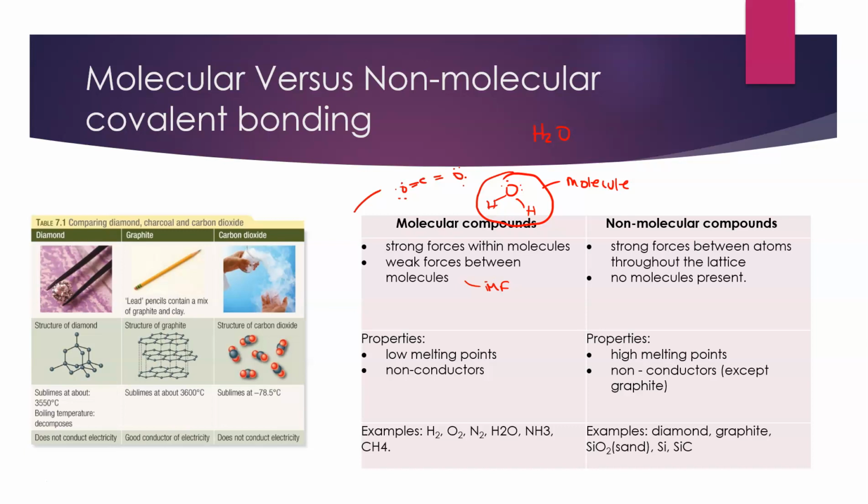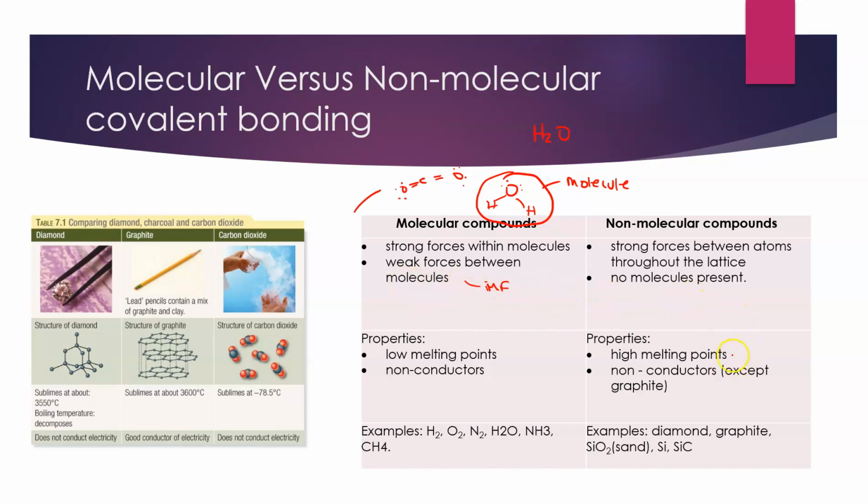Non-molecular compounds, though, are where we start to combine the ideas of both ionic and molecular compounds, in that we have large lattices that are made up of covalent bonds. Okay, so we've got strong forces between atoms that range right throughout a lattice, and there are no molecules present.